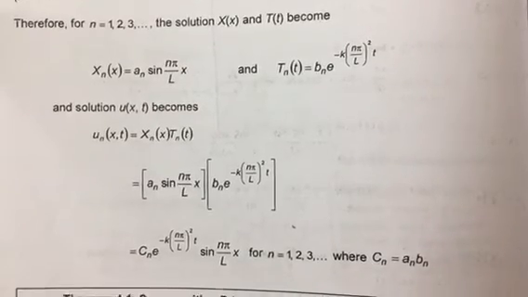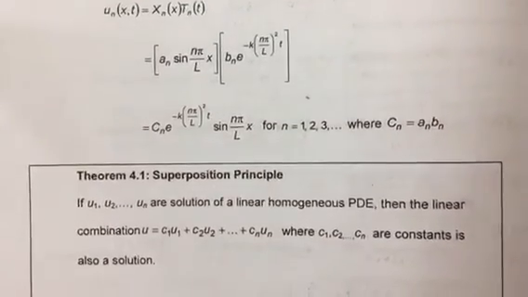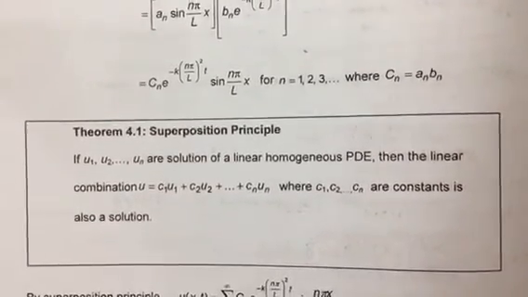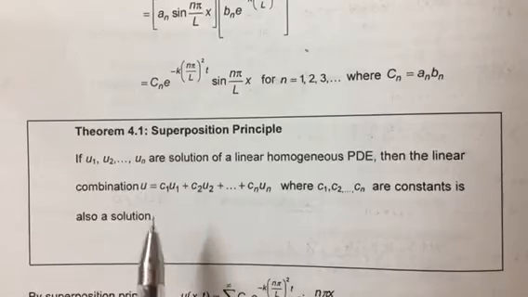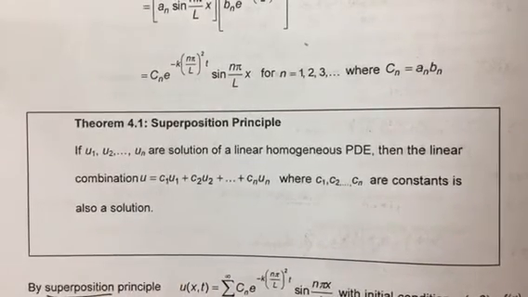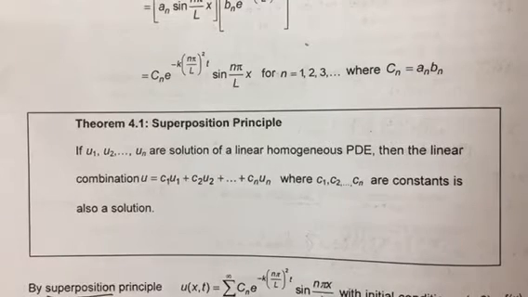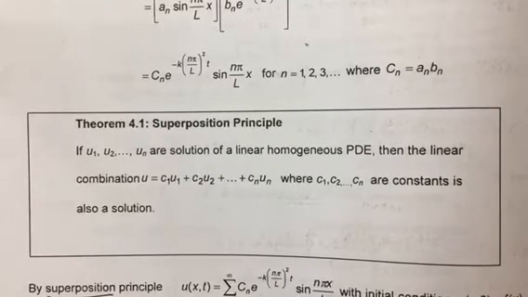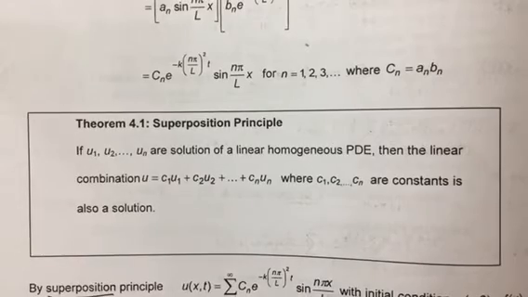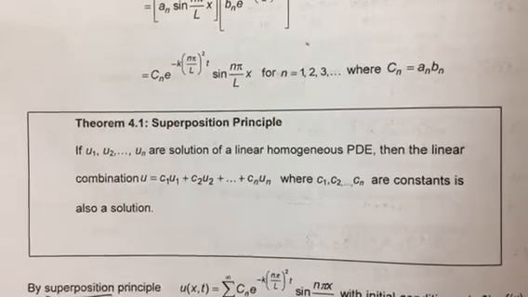Okay, then by using theorem 4.1, the superposition principle, we can combine all the Un in summation. So by using the superposition principle, this Un that we got just now, we can write in summation from 1 to infinity.